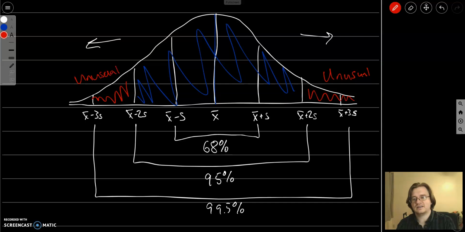And while this isn't very precise, it gives us a uniform way of saying this particular data value might be an outlier because it's more than 2 standard deviations away from the mean.